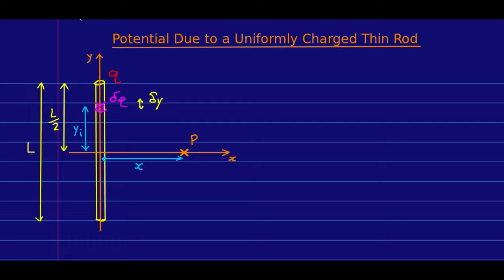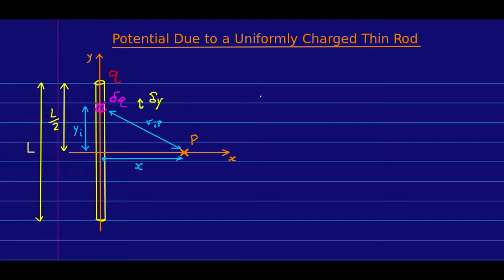And finally, I'm going to want to think about the distance RIP. One thing I will say before I go any farther is that I won't need to deal with the vector RIP at all, because this is a scalar function and I won't have to deal with taking any components.